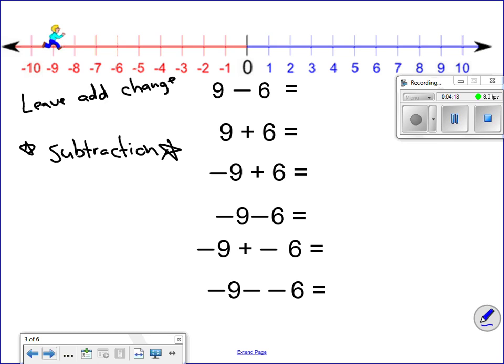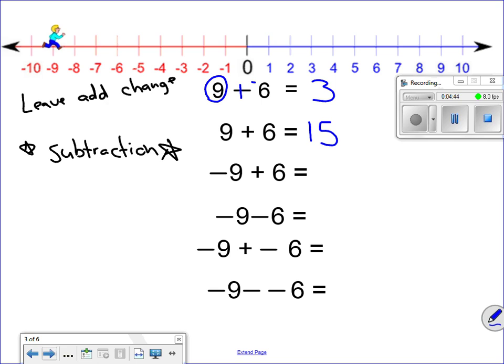I'm going to leave my positive 9 alone. I'm going to change subtraction to adding, and then that means I have to change my last one to a negative. So if I have 9 positives and 6 negatives, when I cross off the 6 negatives, I'm left with 3 positives left over. Since this isn't subtraction, I can just add: 9 plus 6 is 15.